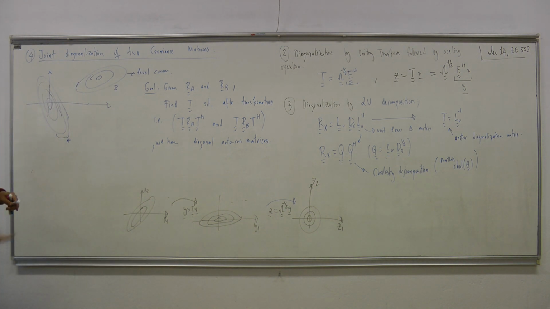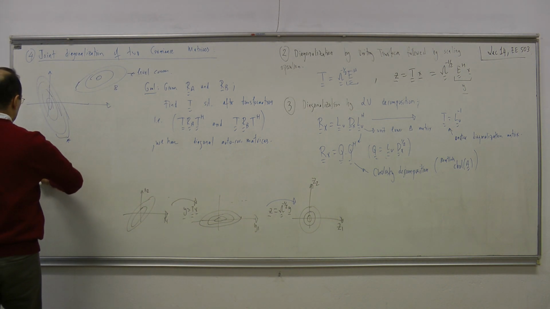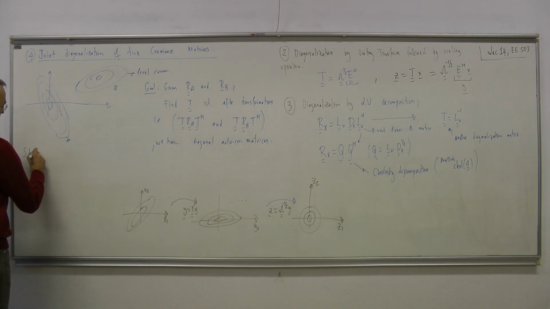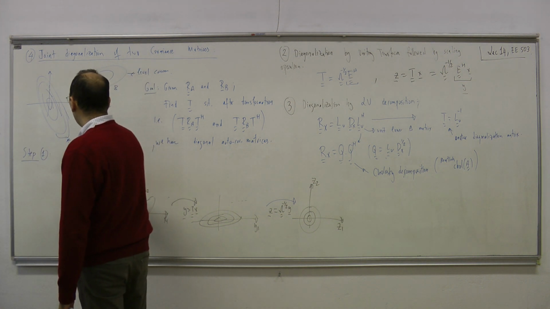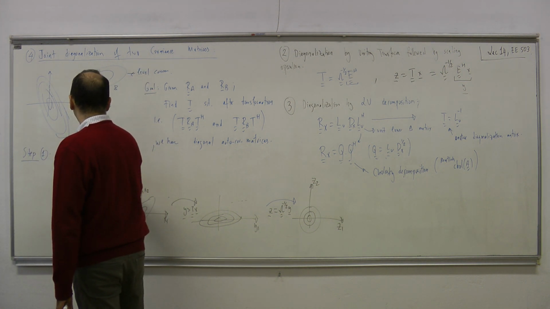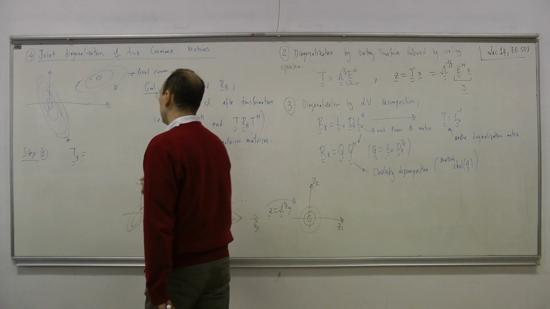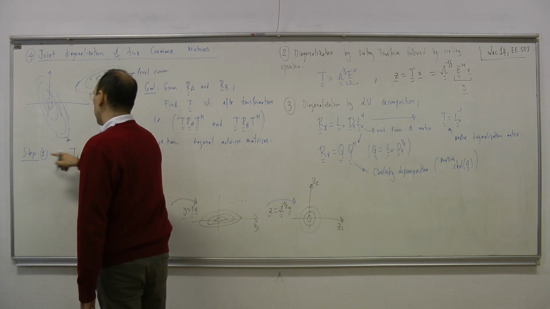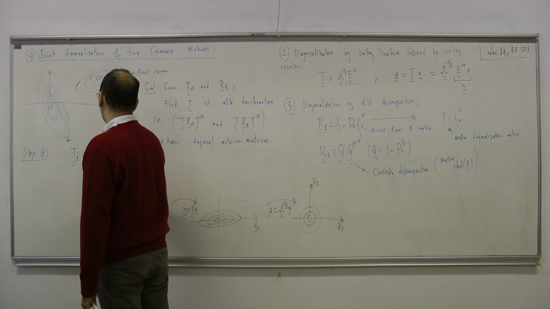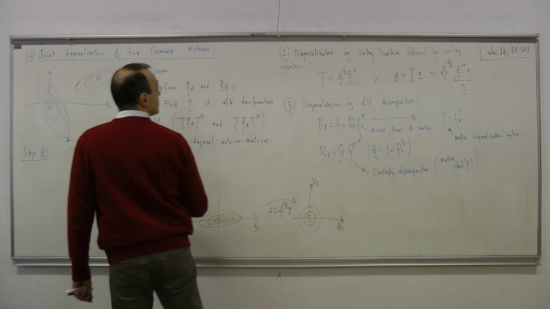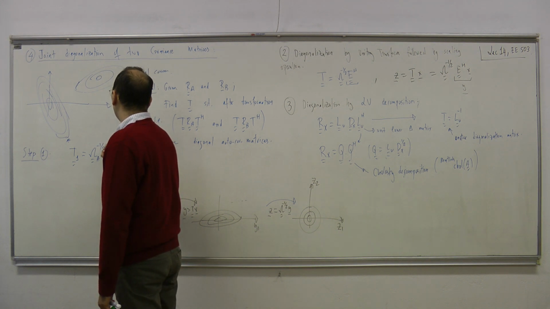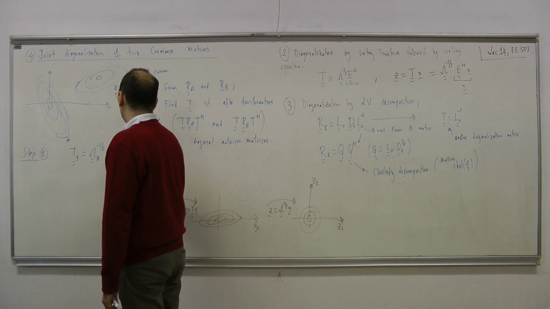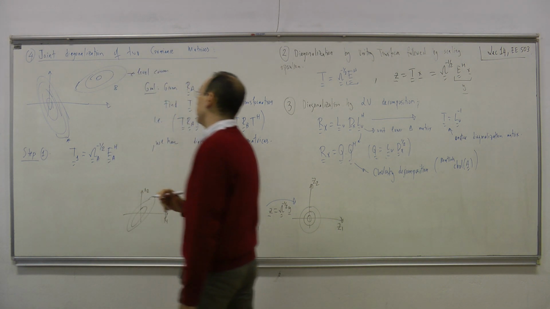Now I will do this in 2 steps. So step number 1. Now I will define a T1 matrix as follows. This is the step number 1 transformation. So this is the A matrix. I want to do something like this: EA to the power of minus 1/2 times E Hermitian.